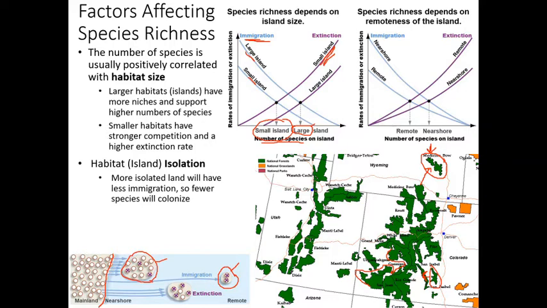All right, once again, if we look above at the graph, we can see again rates of immigration or extinction, and remote islands, that is this separated tract of land right here, can support fewer species than those that are near a larger tract of land.